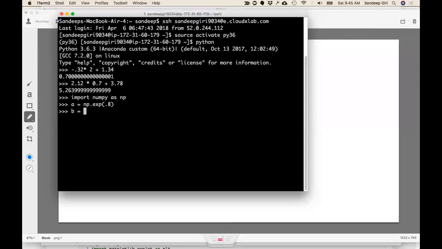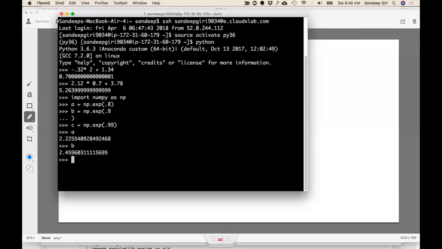And b would be np.exp of the second value, 0.9. c equals np.exp of 0.99. So now it'll convert these, and you can see A is this, B is this, and C is this. Now we'll say, what is the sum? Sum equals A plus B plus C.